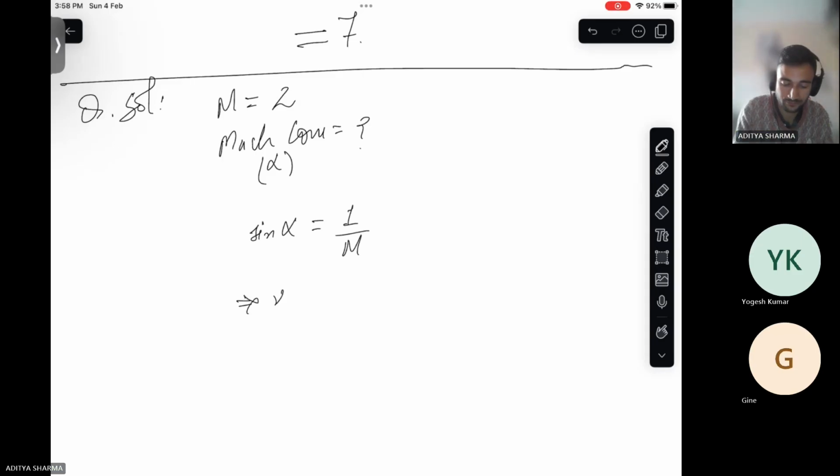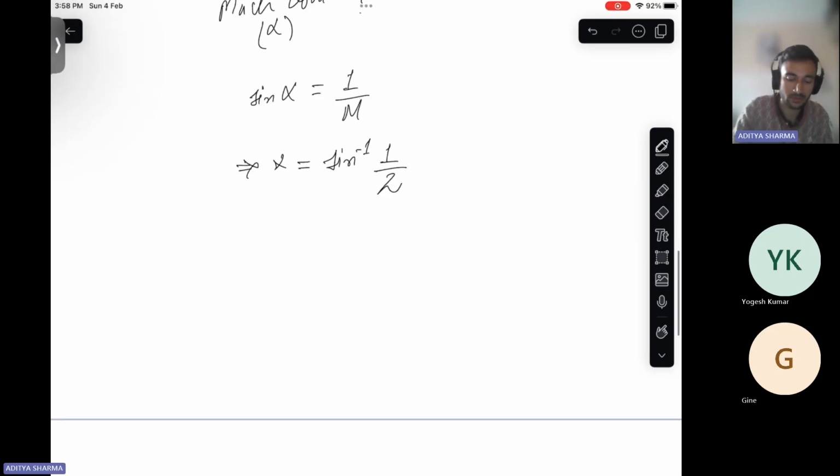Then alpha is, so 1 by 2. Then, what will be the answer to this?